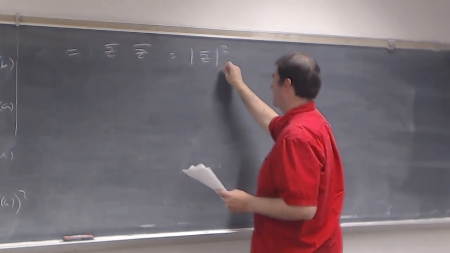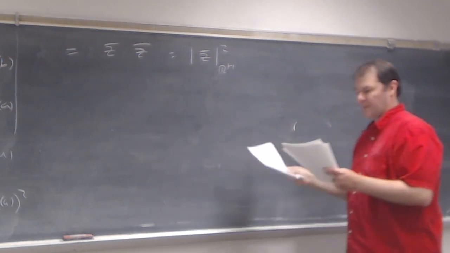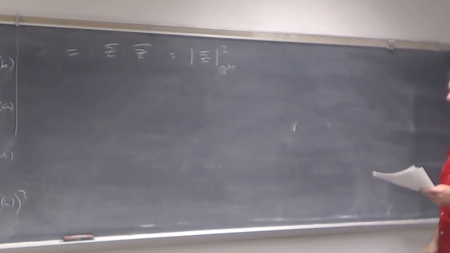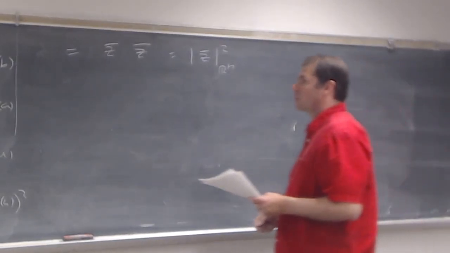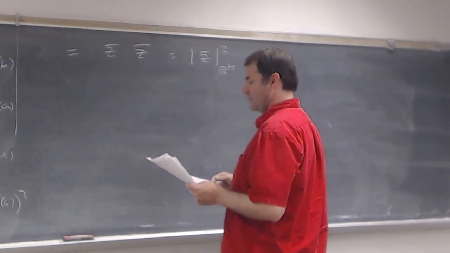So I'm not going to write down R^k. It's the norm in R^k. Well, I did write it down. That's what we have. Okay, so that was phi of B minus phi of A.